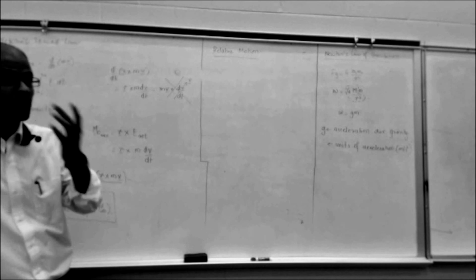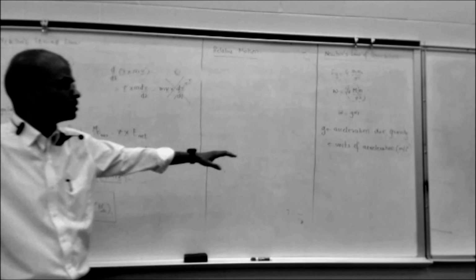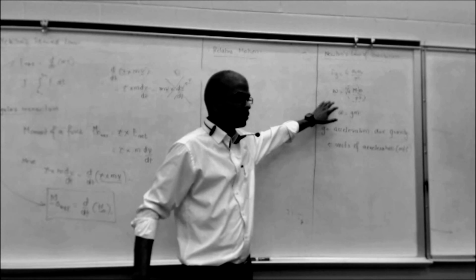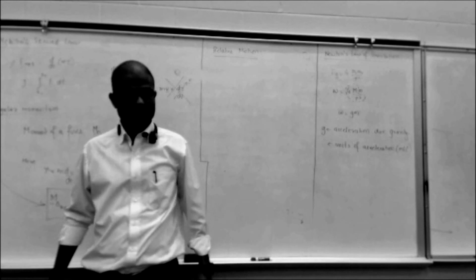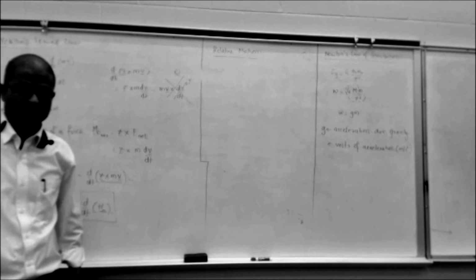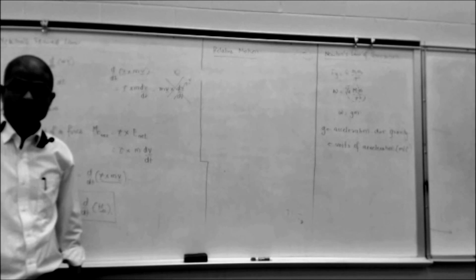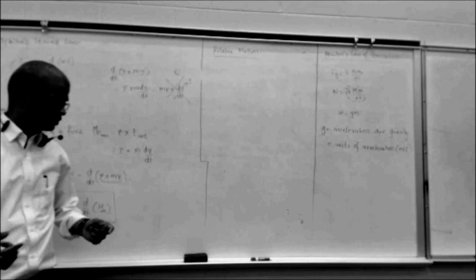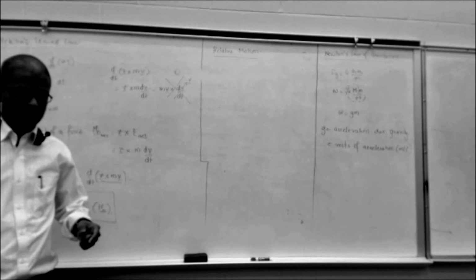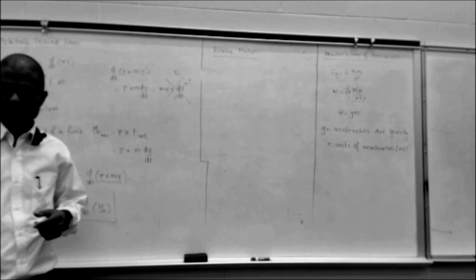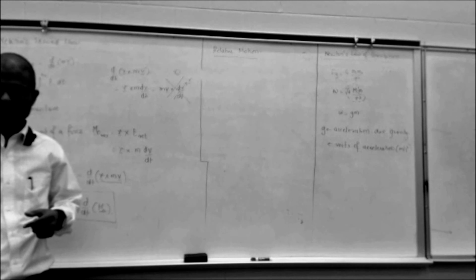Inertial reference frame. Where are Newton's laws? If he says these laws are applicable only in an inertial reference frame, and nowhere in the known universe can you find an inertial reference frame. Anything that orbits Earth is accelerating.